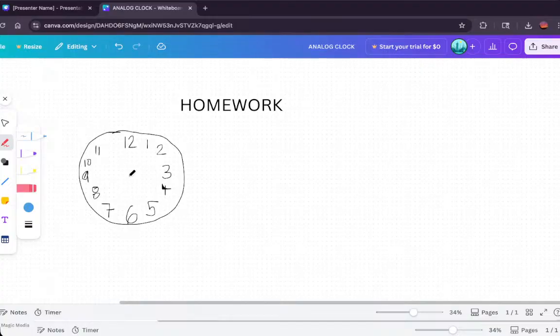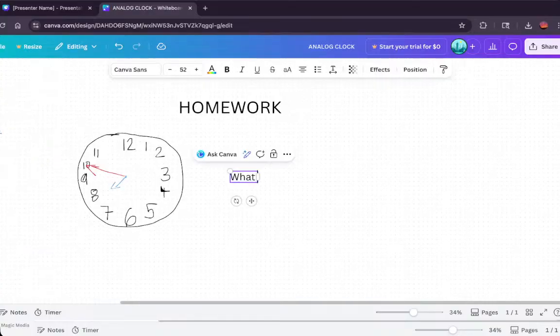After looking at this clock, you need to tell me, okay, what time is it?